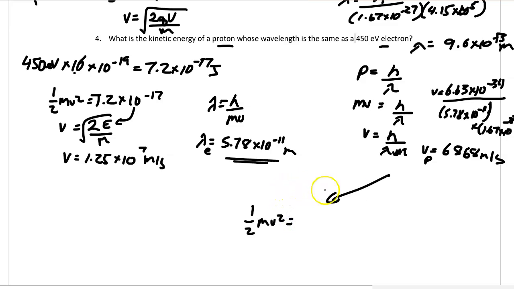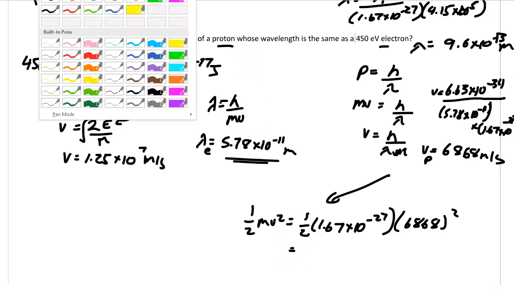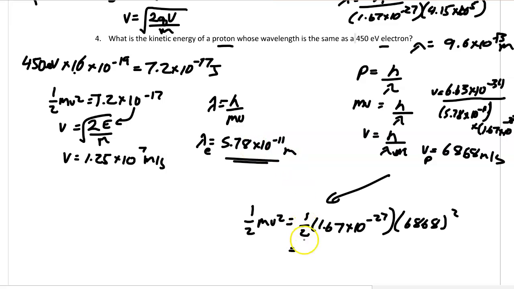Okay, we've got the velocity, so that's equal to 1/2 times 1.67 times 10 to the negative 27 times 6868 squared. Now, that works out to be 3.93 times 10 to the negative 21 joules.